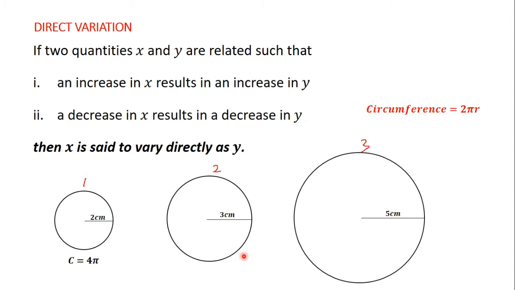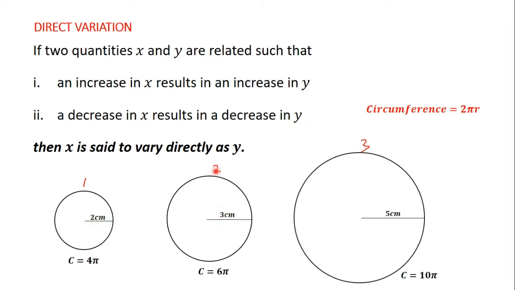For circle 2 it is 2 times pi times 3 centimeters, and that will give us 6 pi. And for circle 3 it is 2 times pi times 5 centimeters, and that will give us 10 pi.